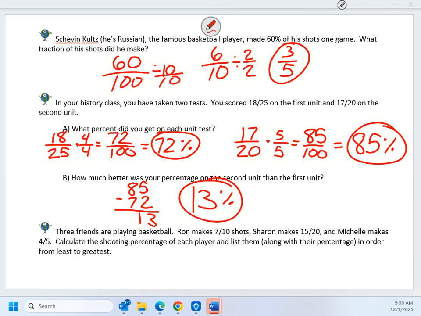Some of these questions you have to think about. They're not always going to be easy. You have to do some critical thinking. What is it asking for? Am I answering the full question? I want you to really put some time and effort into this.